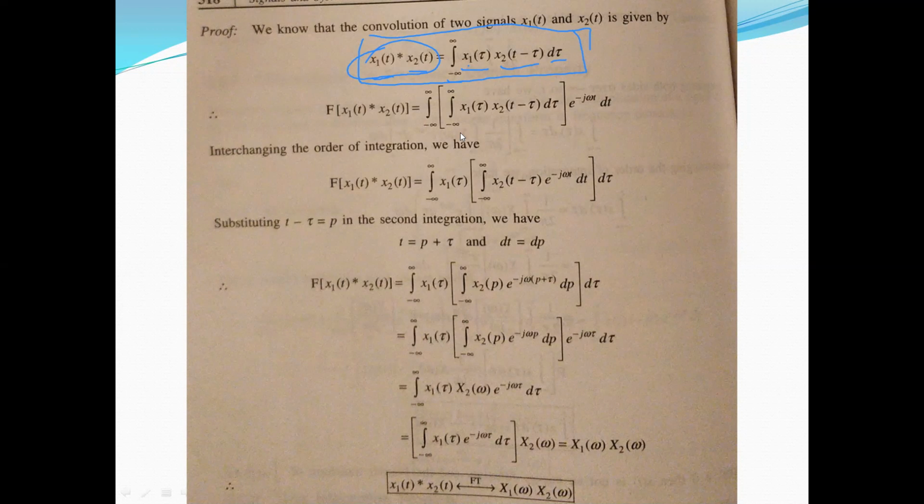On the right side, we substitute the formula for the convolution in place of x of t, and the normal Fourier formula is the integration of x of t times the exponential of minus j omega t dt.